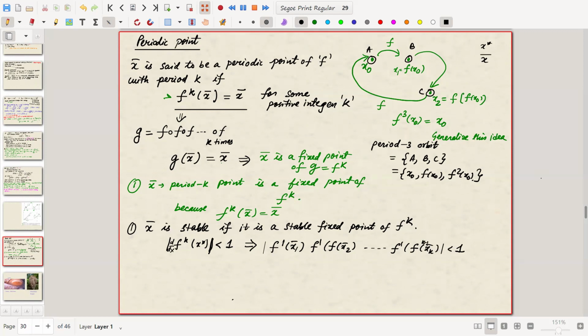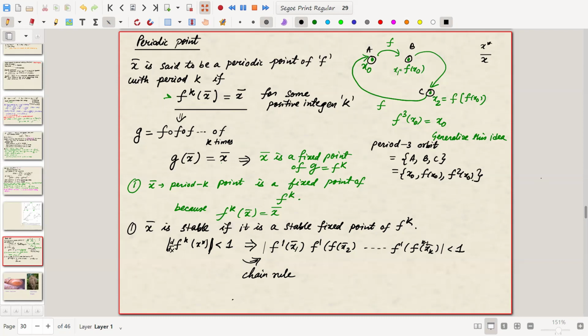So here the chain rule is used. Please try to understand how this works. This is a bit complicated, we won't go into detail, but you know that there is a concept like this where you apply the chain rule. Unstable otherwise. If it is unstable, this quantity should be greater than 1.